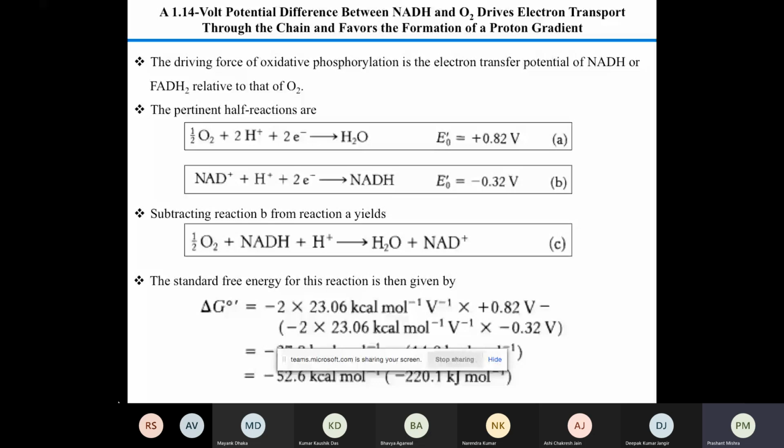Each molecule of ATP has a delta G0 value of minus 7.3 kilocalorie when ATP hydrolysis occurs, which is much lower than the energy you have generated. So the delta G0 value generated here is much higher than the amount even required for ATP synthesis.